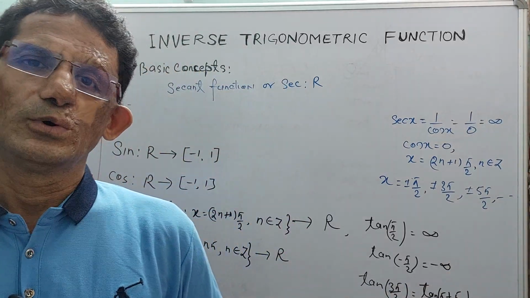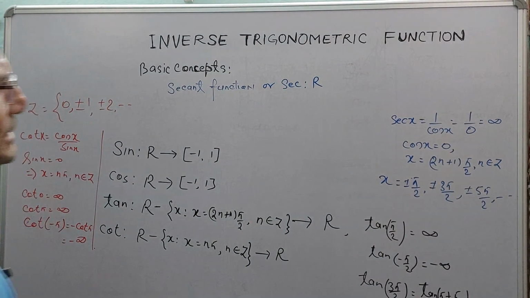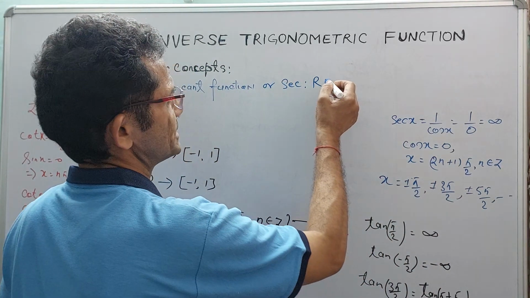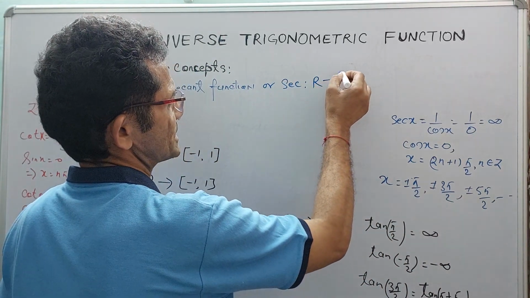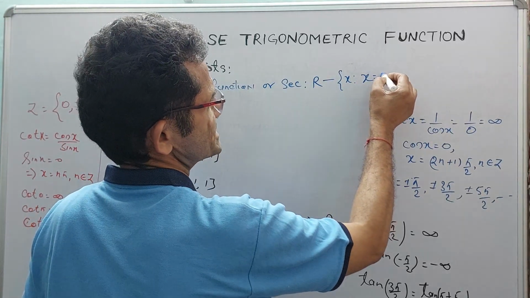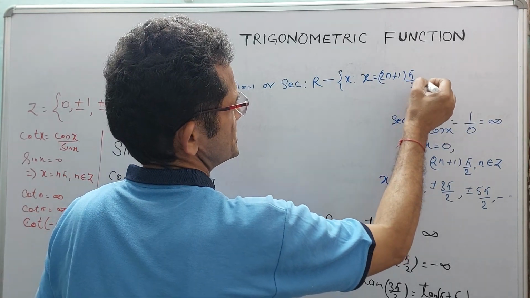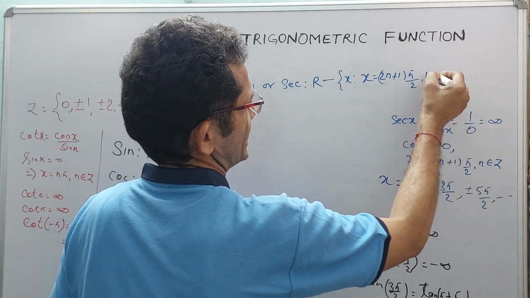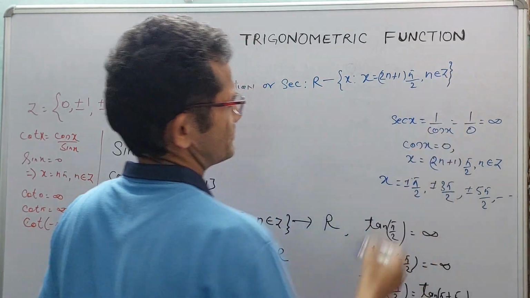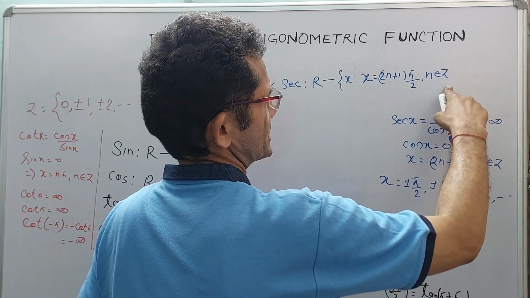So we have to exclude these angles from the set of real numbers. Therefore the domain is R minus the set in curly brackets of x such that x is equal to (2n plus 1) pi by 2, where n belongs to the set of integers.